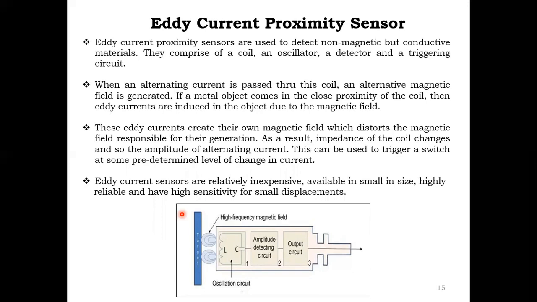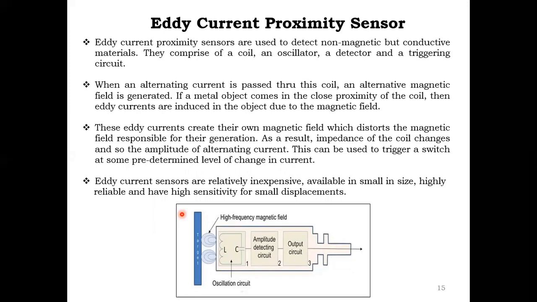These eddy currents create their own magnetic field, which distorts the magnetic field responsible for their generation. As a result, the impedance of the coil changes, and so does the amplitude of the alternating current. This can be used to trigger a switch at some predetermined level of change in current.